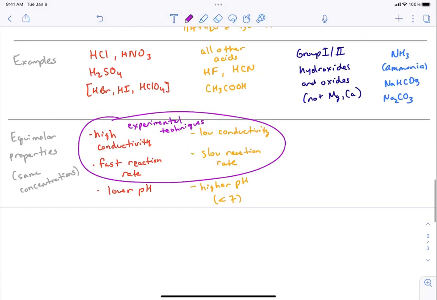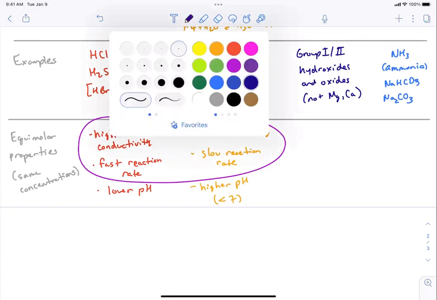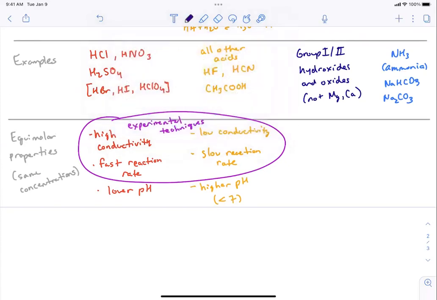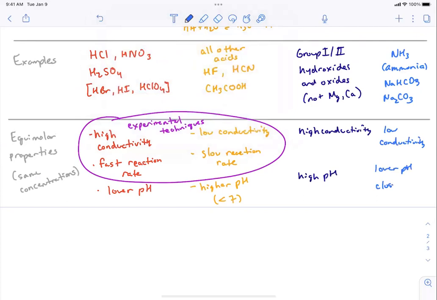Okay. All right. Now, for bases, there's a lot less comparisons here. Really, you can only do high conductivity and high pH, and weak bases have low conductivity and lower pH, closer to 7, I should say.